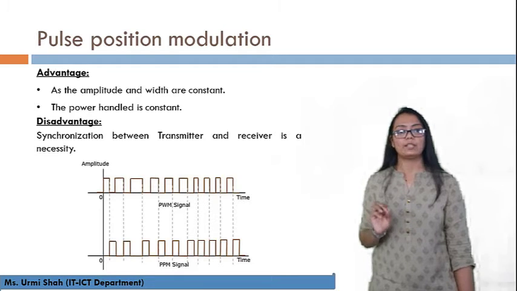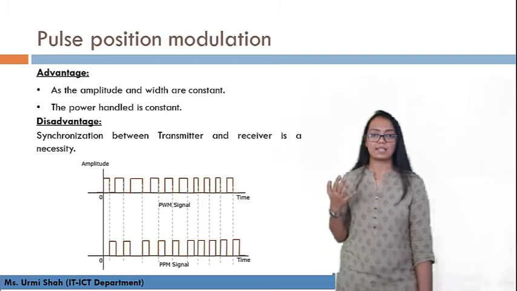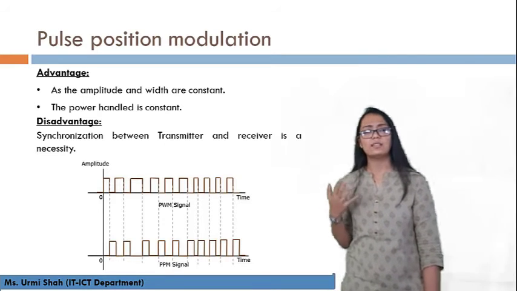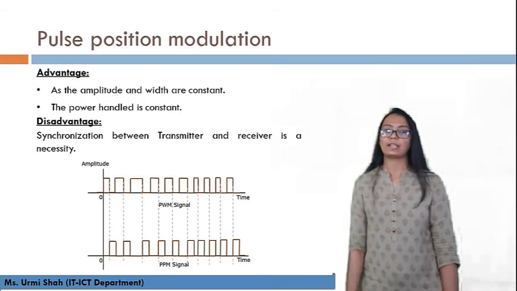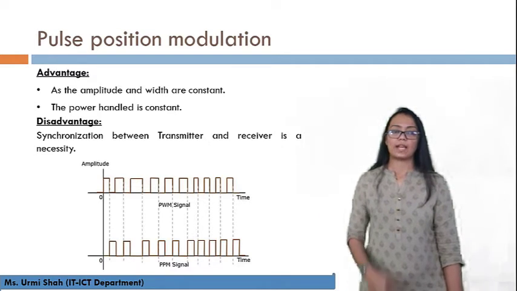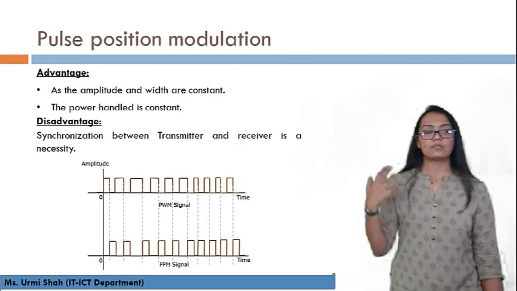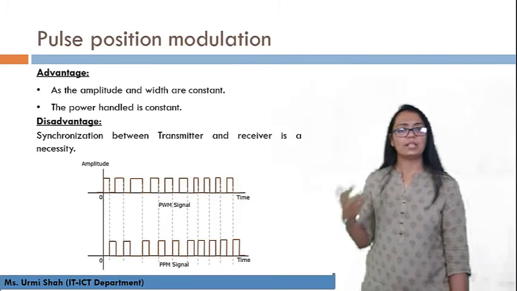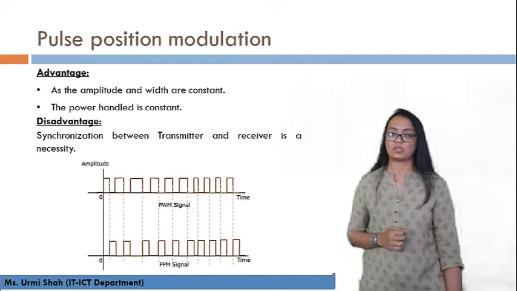If one of the parameters is satisfied in a high amount, that means your design is quite optimized. These are the three parameters for optimization of products in today's market: power, cost and speed. So this is one of the very important advantages of pulse position modulation.